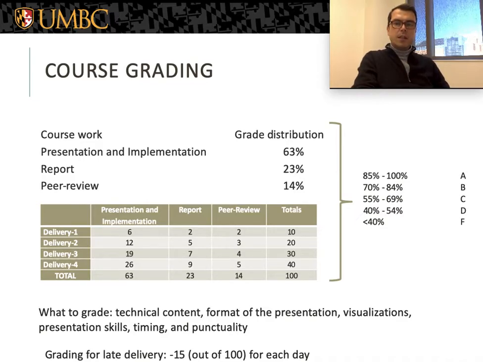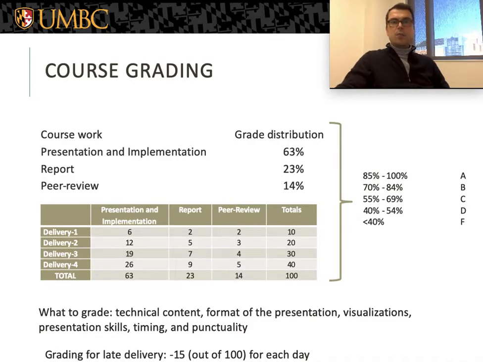So at each step, for example, for the first step, I will grade 60% of your first delivery grade, like 6 out of 10 will be determined by me, and 2 will come from your report, and you will also get 2 points on your peer review.